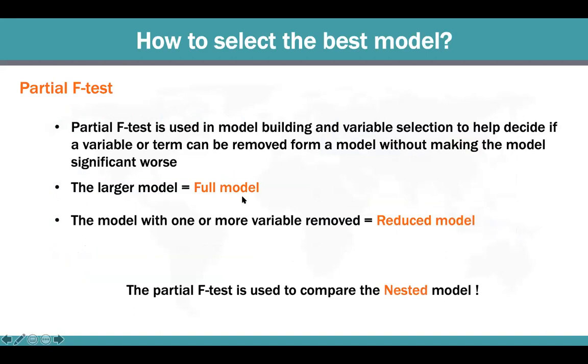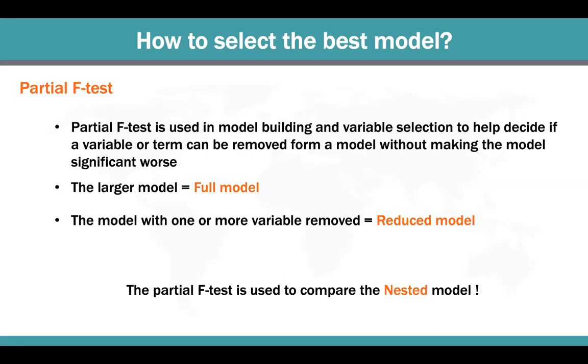So next we can discuss the partial F-test. The partial F-test is used in model building and variable selection to help decide if a variable or term can be removed from the model without making the model significantly worse.